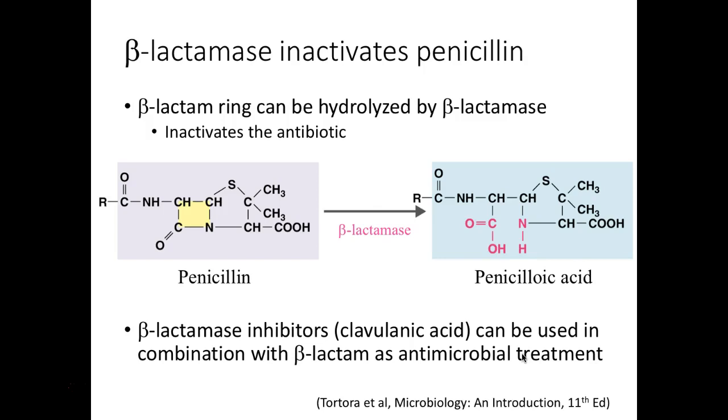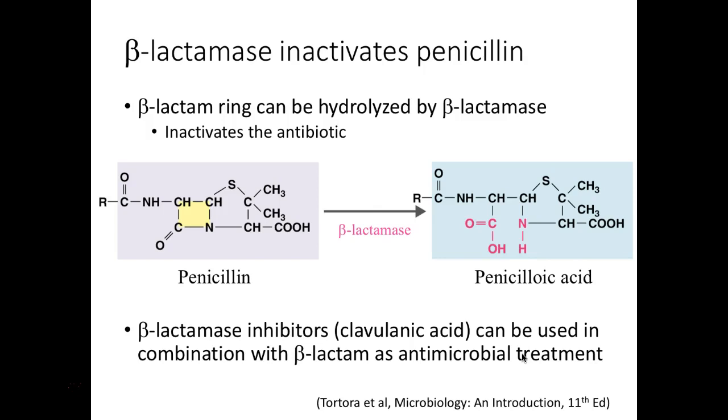Amoxicillin is a true beta-lactam. Clavulanic acid is actually what we call a beta-lactamase inhibitor. And this is the last class of antibiotics I want you to know. So I'm throwing one more at you. The beta-lactamase inhibitors, as the name implies, inhibit a protein known as beta-lactamase.